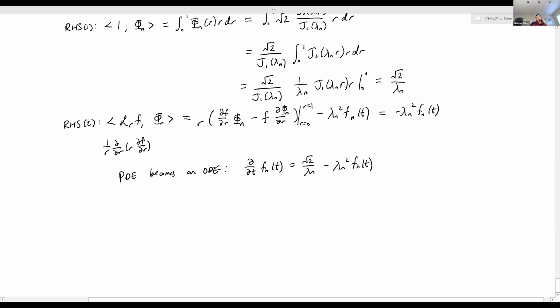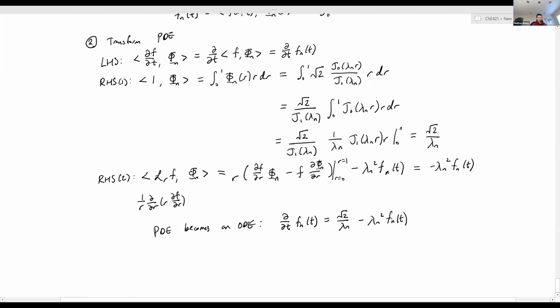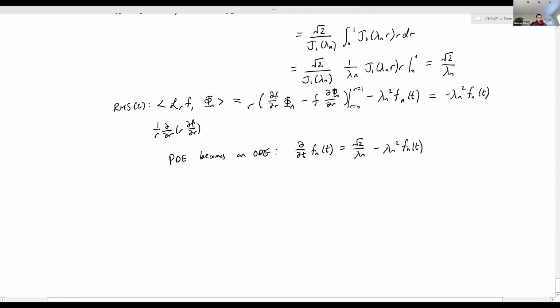Okay, we're almost there. Now we just need to transform our boundary condition.